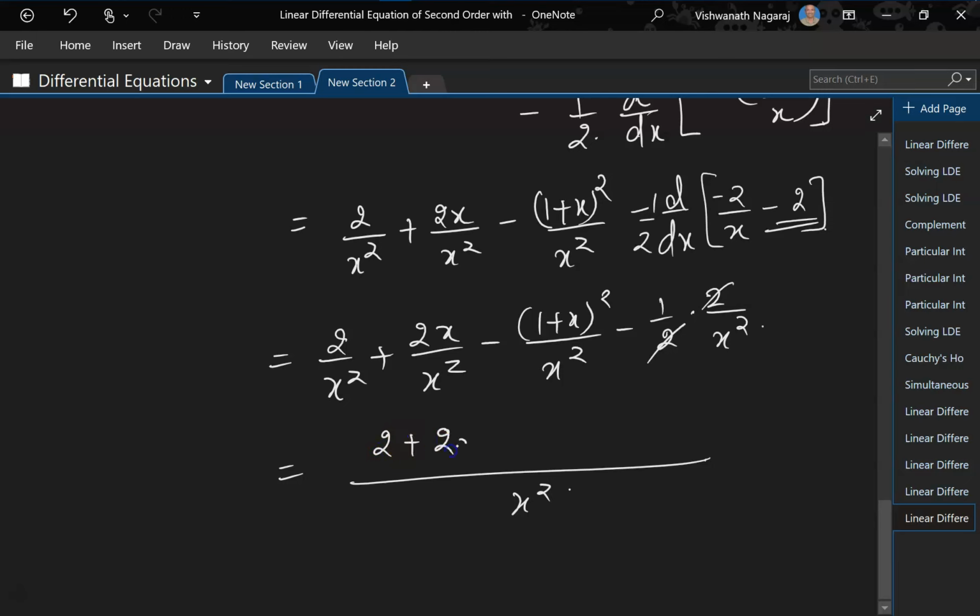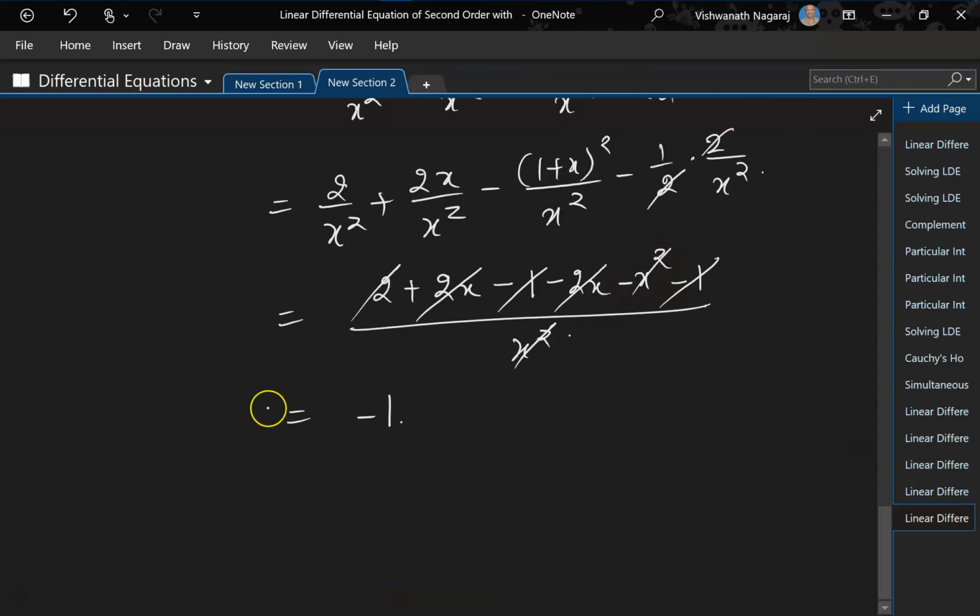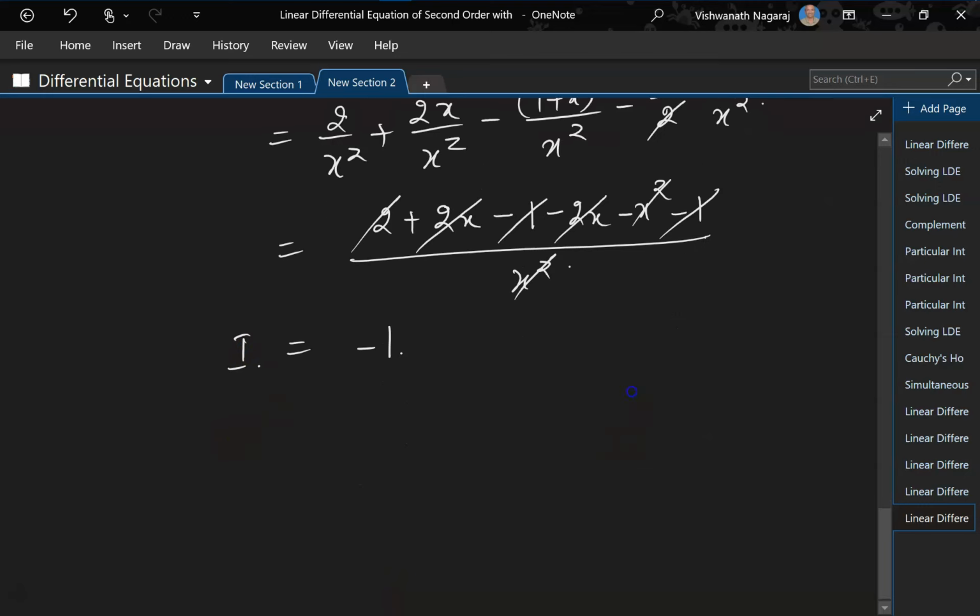So 2 plus 2x minus, let's open this up: 1 minus 2x minus x square, and then we have minus 1. 2 minus 1 is minus 2, so 2 minus 2 is 0. So these three cancel out. 2x minus 2x cancel out. We are left with minus x square, so minus 1. So I is equal to minus 1.